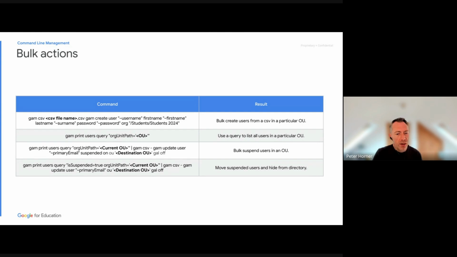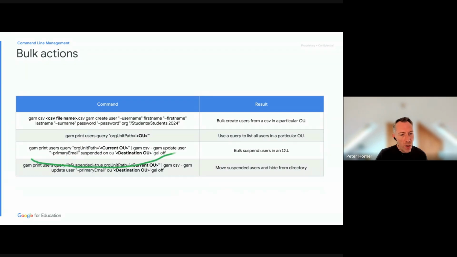So let me use my highlighter here. This is just what we've done. We created some users using CSV and put them into a particular OU. You can also use GAM to retrieve information as well. This command here is printing users who are in a particular OU we want to specify. But once you start retrieving a list of users, you can start combining it with other GAM commands.